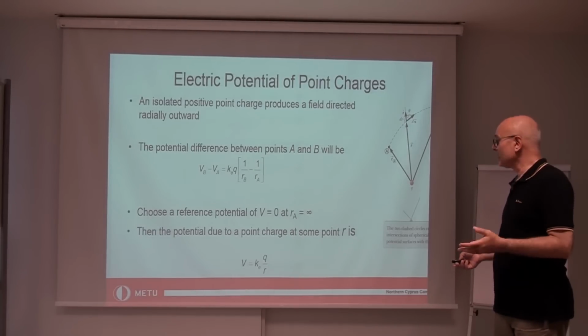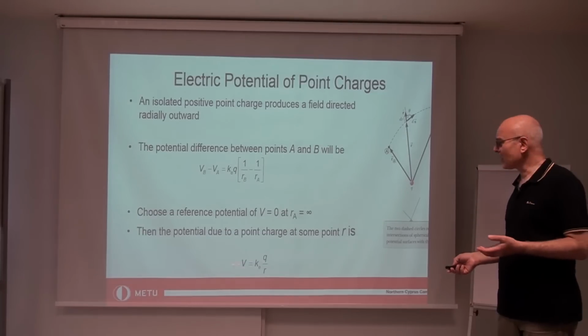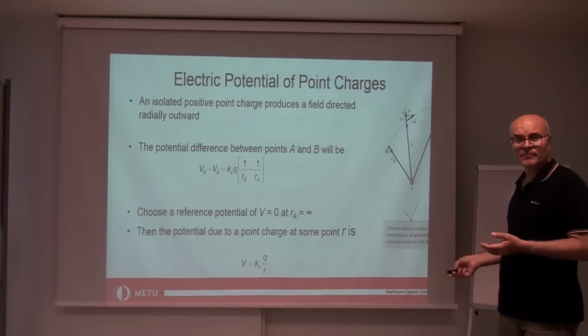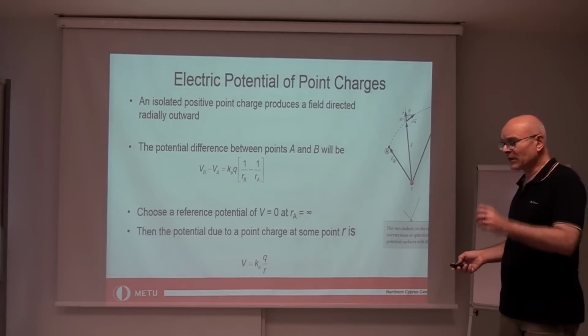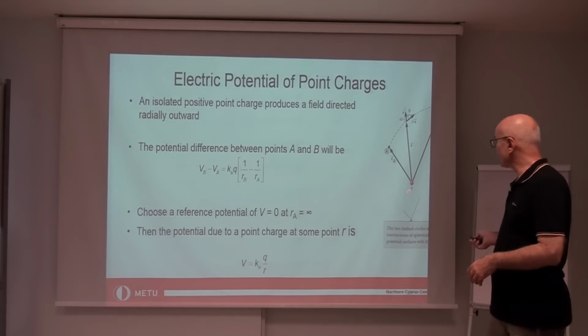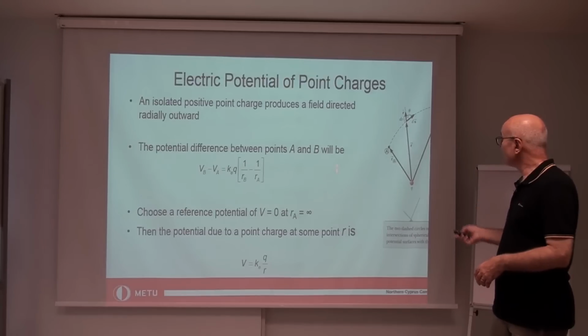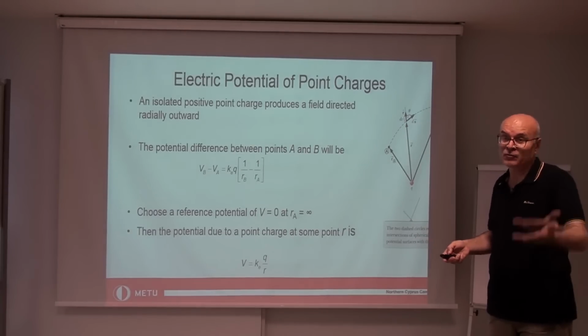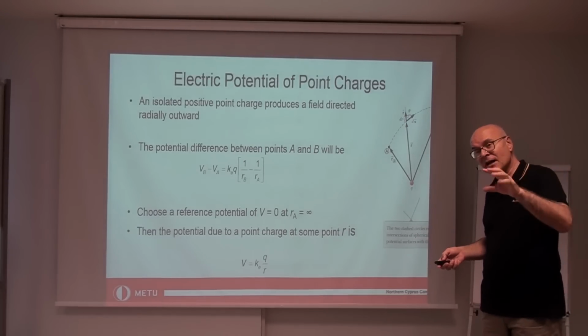Okay, and this is a very simple expression. As you can see, it says just K multiplied by Q, divided by R. So whenever you put a source charge in the space, then the region around it, where you have an electric field, and we know the expression for the electric field, now has potential.